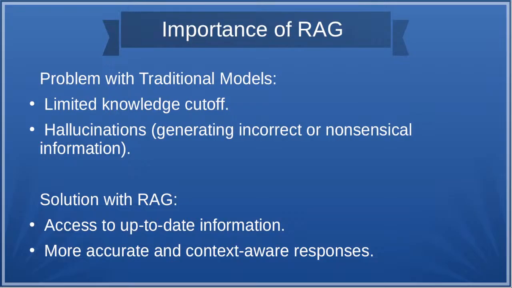Because of this inherent generative nature, if you ask a question and the LLM doesn't have enough data, it will just try to generate some answer. In that case, obviously, it will be an incorrect or wrong answer. That is what is called hallucination. They will start giving irrelevant answers.